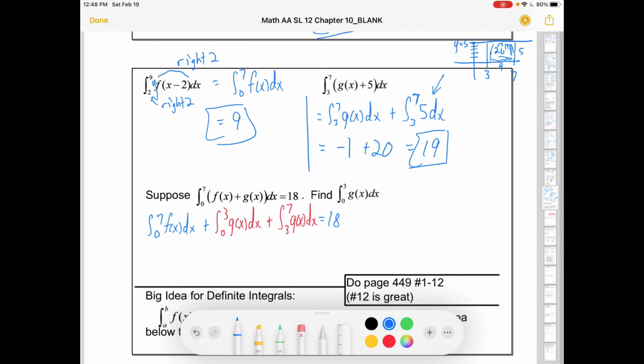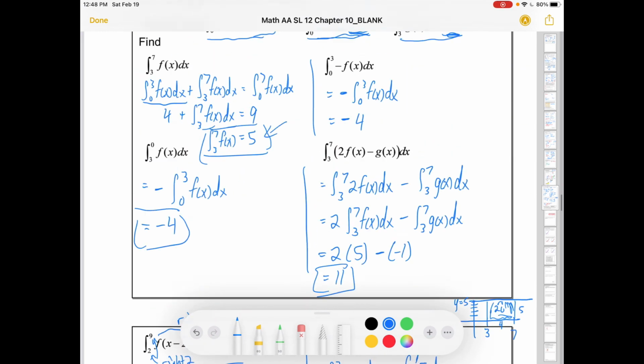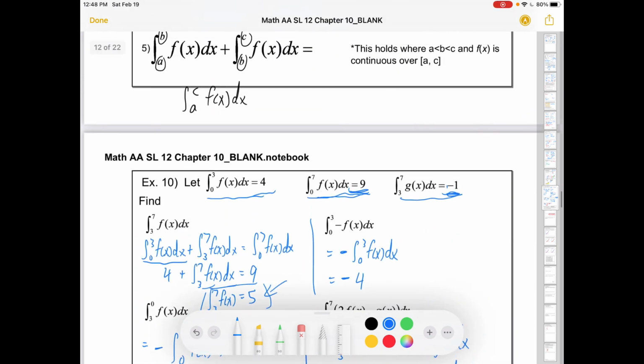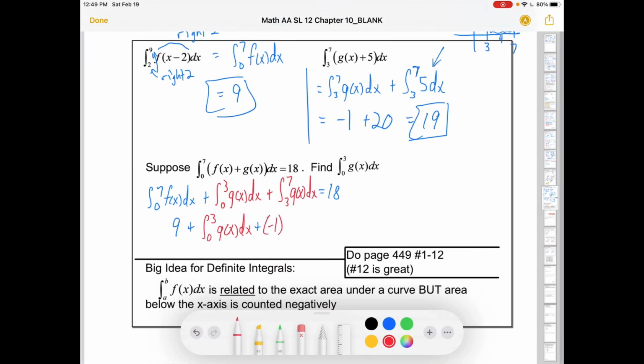F of x from 0 to 7, if you check out the last slide, that was 9, plus 0 to 3 is what we're looking for. And then we have plus the integral from 3 to 7. Let's check that out. On g of x, that's -1. And that equals 18.